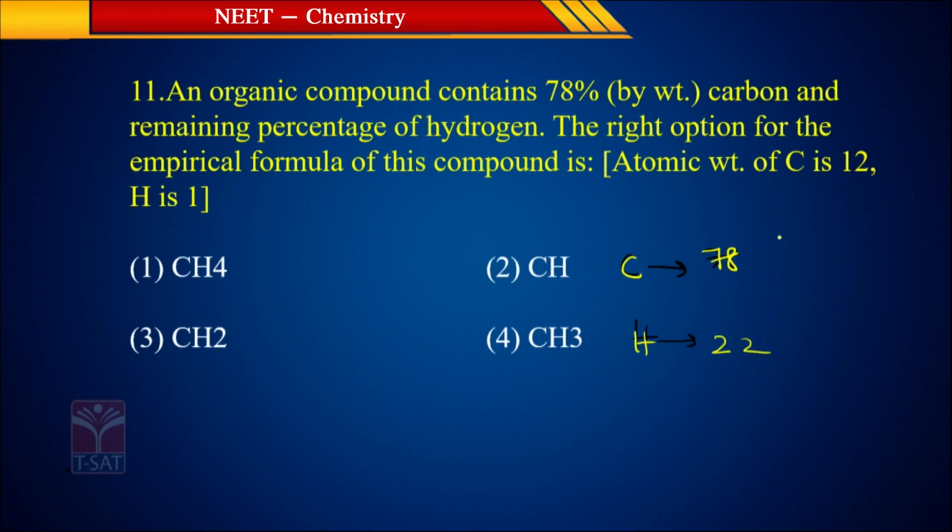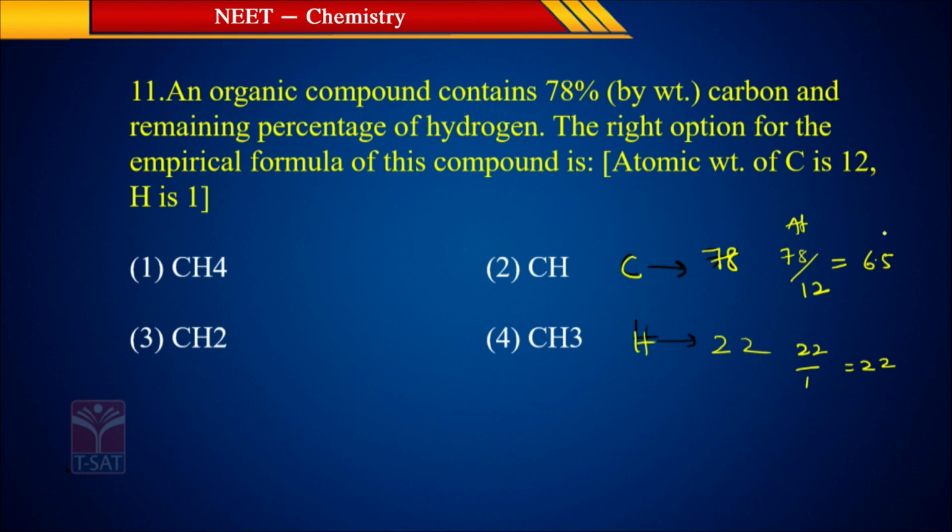So, what is its empirical formula is asked. First of all, you have to find the atomic ratio: percentage divided by atomic weight. 78 by 12 will be 6.5, right? And 22 by 1 is 22.